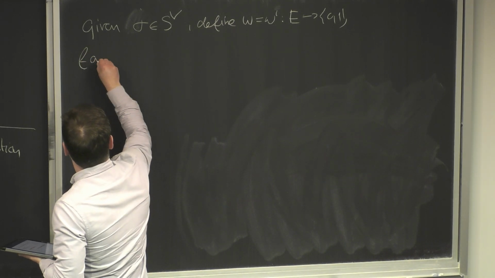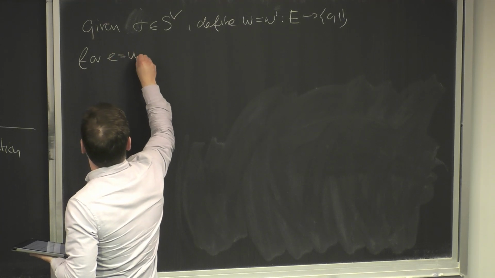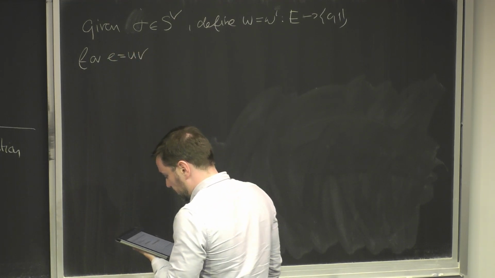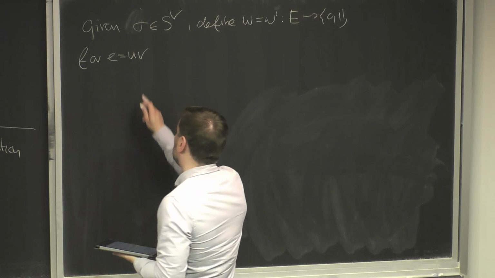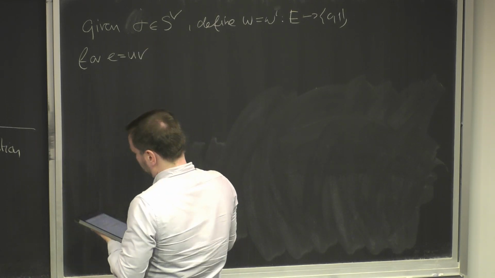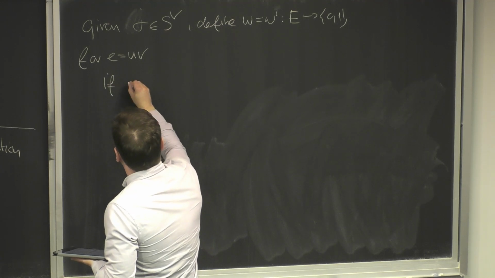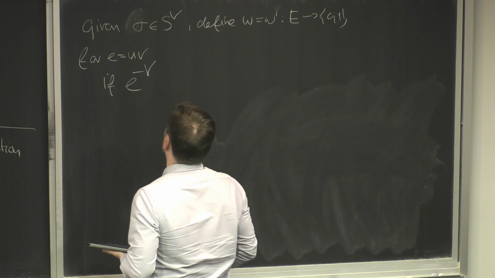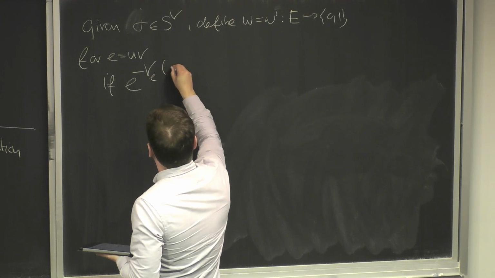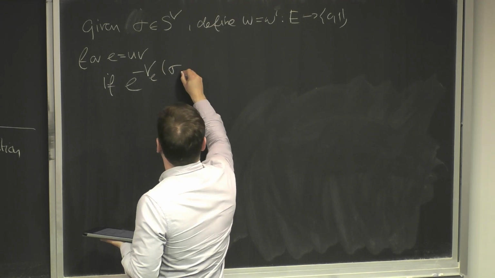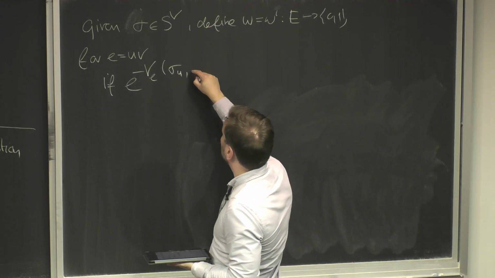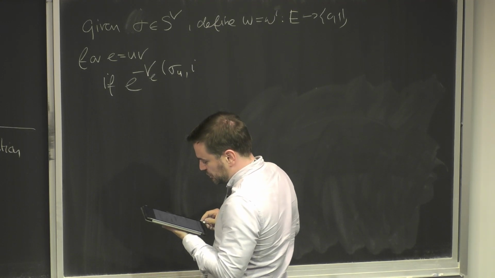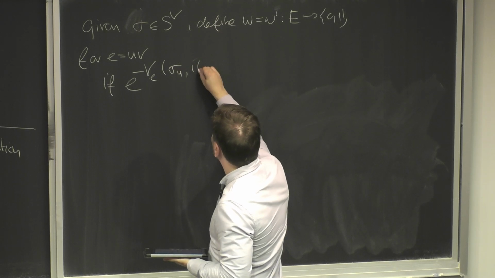For an edge e, which is uv, two vertices, I look at the value of the potential at that edge of this configuration. So e to the minus V of sigma at position u, but then at position v, I apply my symmetry.